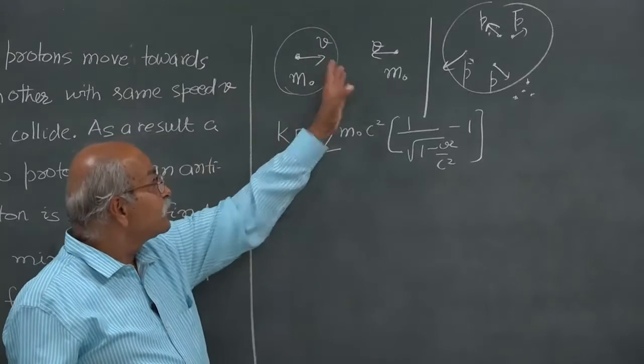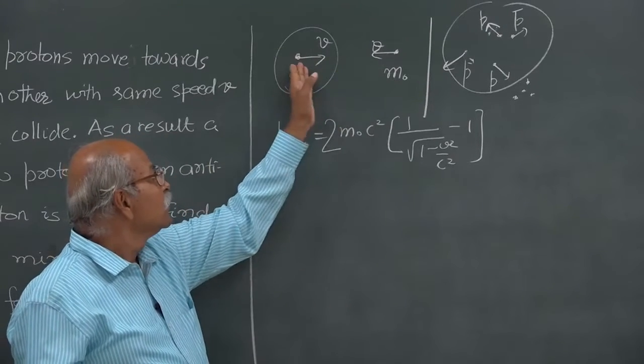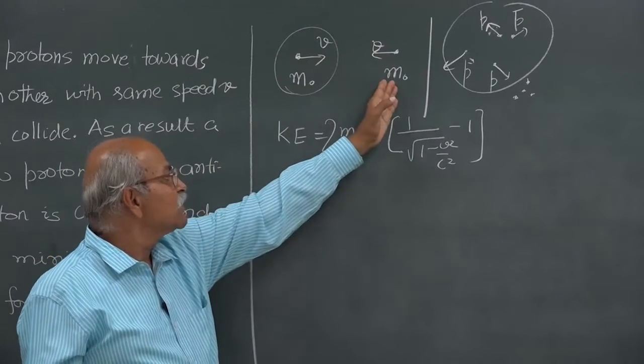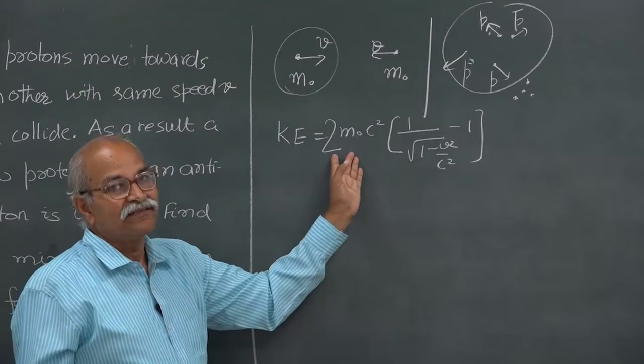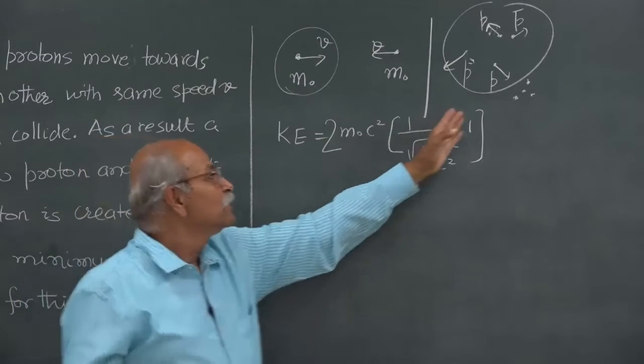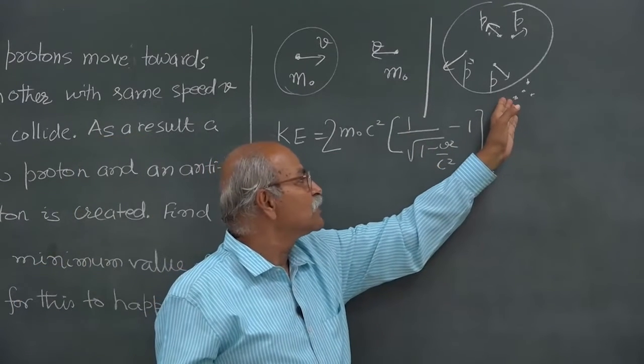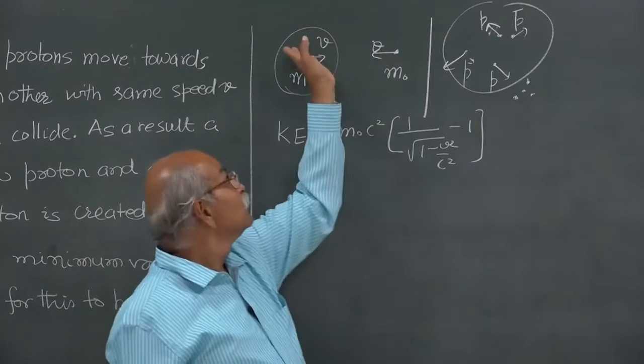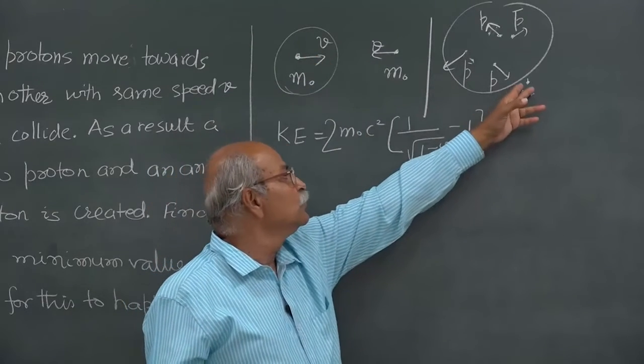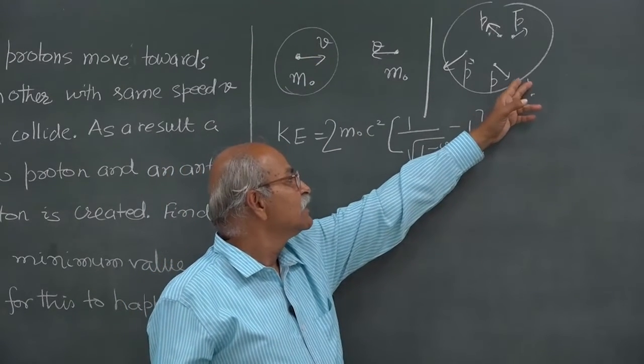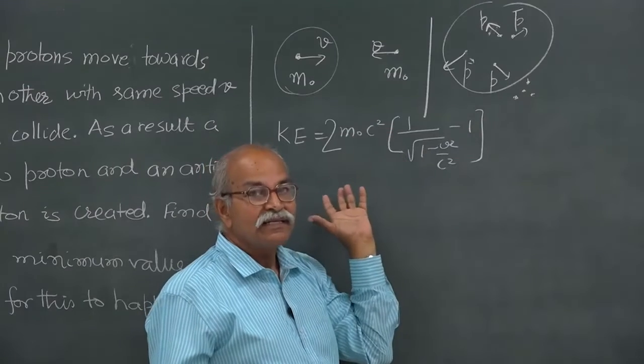and the total energy is m naught c square plus m naught c square plus this kinetic energy, and here 2 of the particles will have m naught c square, m naught c square, which will be same as this, and the new rest mass that is created should come from this kinetic energy.